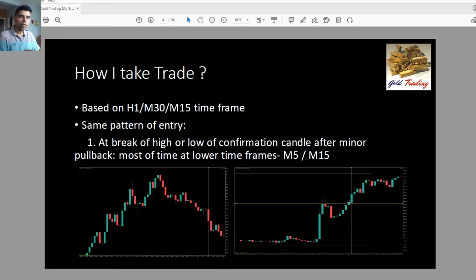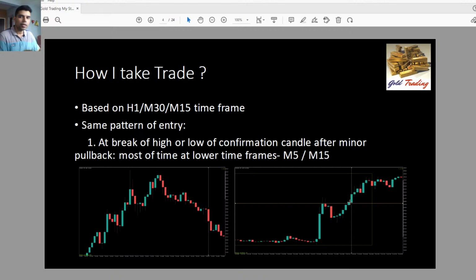Okay guys, so this is a very simple technique, and this is the only technique I use whenever I trade, and nothing other. No indicator, nothing other, just simple price action, just one strategy, just one setup.